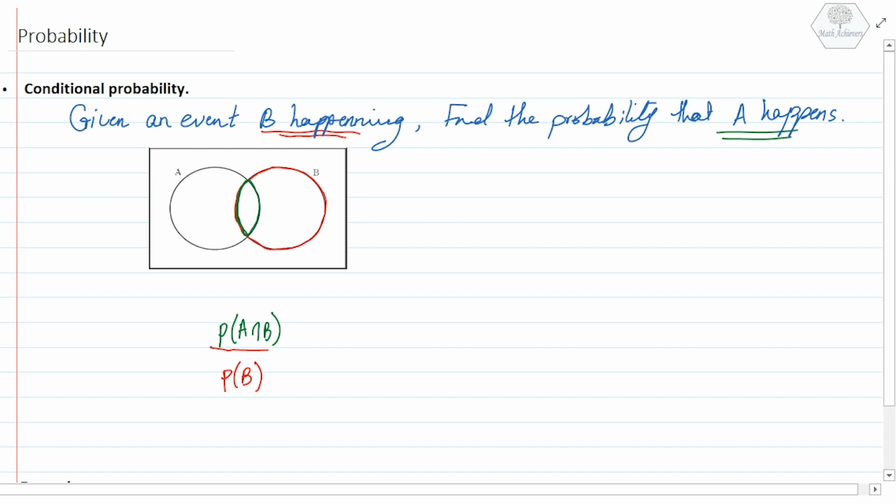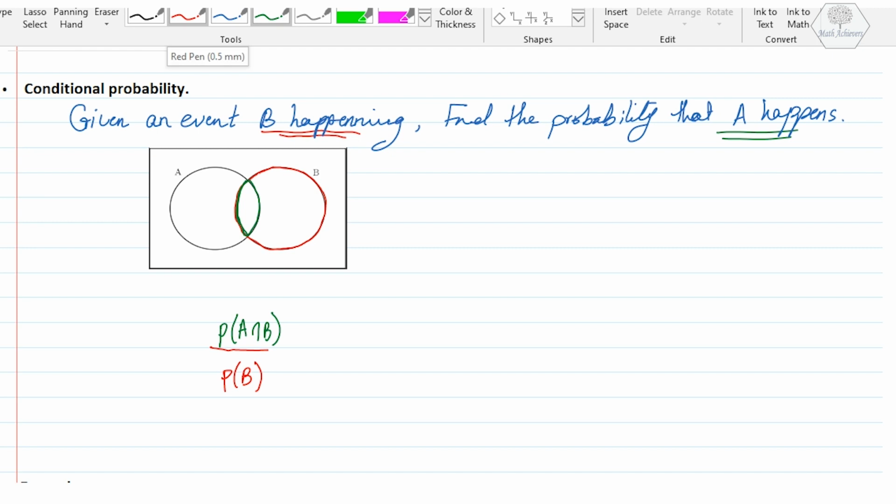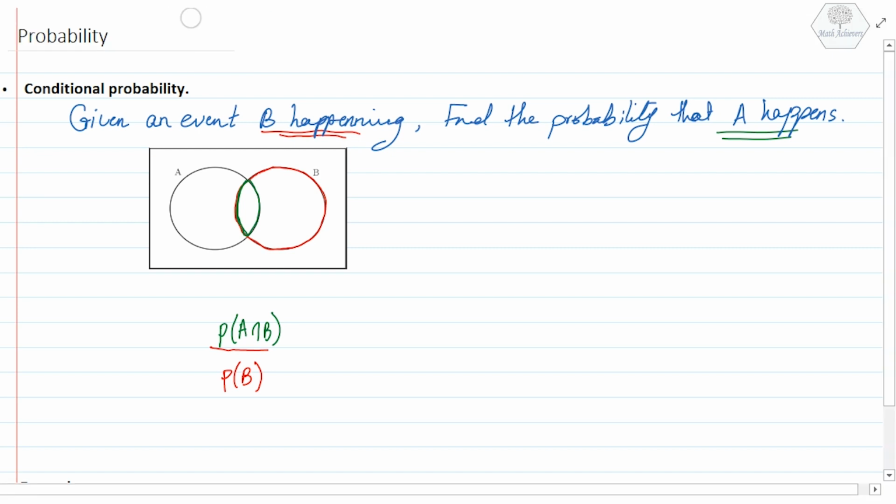I always look at a new sample space, and from that new sample space, I find whatever probability I want to find. So the formula could be written as the probability of A given B is always equal to the probability of A intersection B over the probability of B.